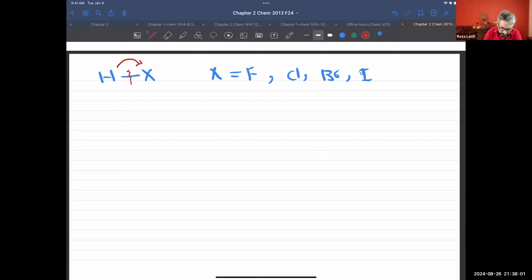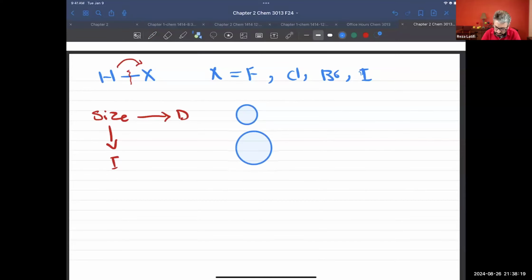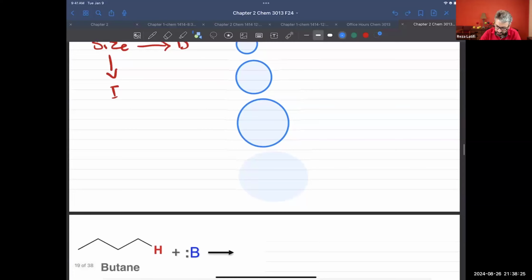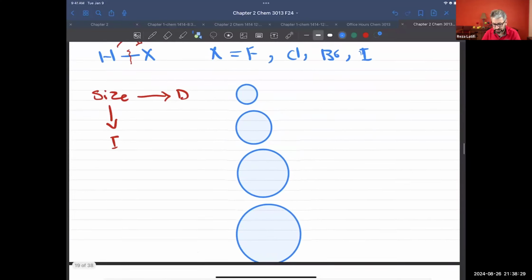Let's also talk about the size of those atoms. The size of any element decreases to the right side of the periodic table and increases going down in any group. What does it mean? This is fluorine, that's chlorine, bromine, and the last one will be iodine.